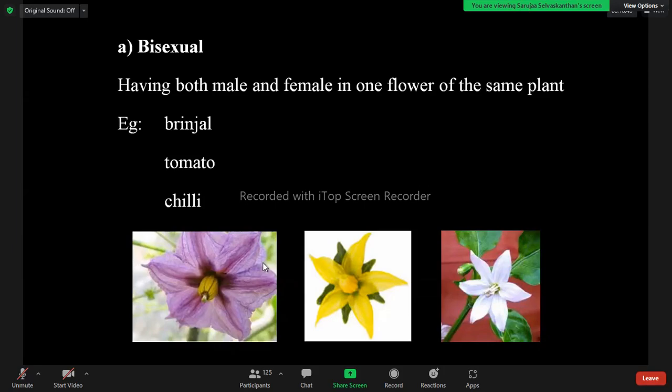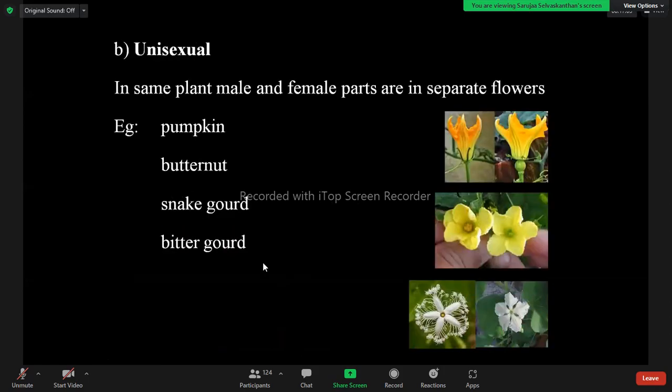But unisexual means male and female organs are in separate flowers of the same plant. That means a male flower and female flowers are there on one same plant. Understand or not? Still confusing?